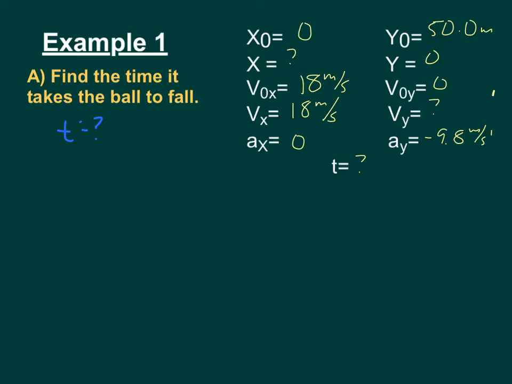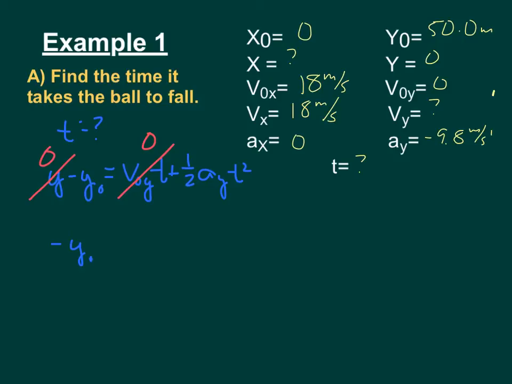So we're going to start with the equation y minus y naught equals v naught y times time plus 1 over 2 a_y t squared. And do we have any zeros? Our y final is 0, and our initial y velocity is 0. So what we get is negative y naught equals 1 over 2 a_y t squared.